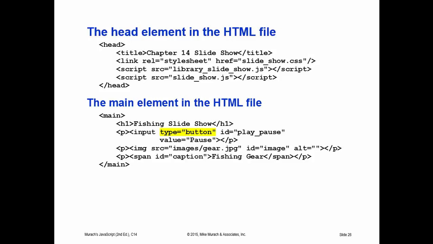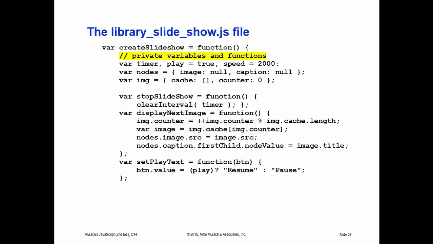The main difference here is that the slideshow has been rewritten to use closures, which protects its internal variables and functions from being overwritten by outside code. And the actual code to do this, on 447, they show you, and on the screen here, they show you the library slideshow.js file. Again, it's similar to what we saw in the last chapter, but it's a little different as far as how things are arranged.